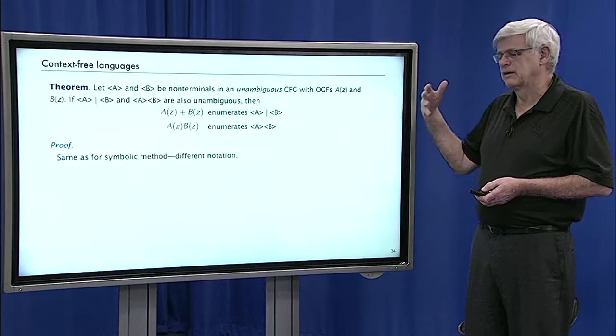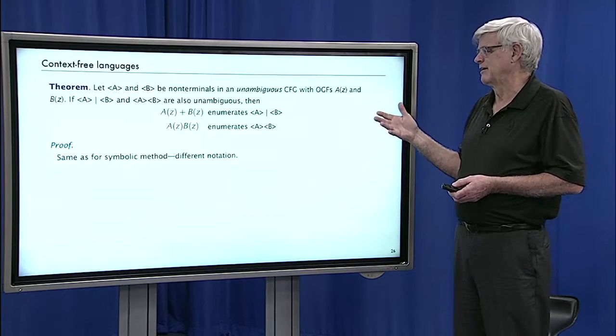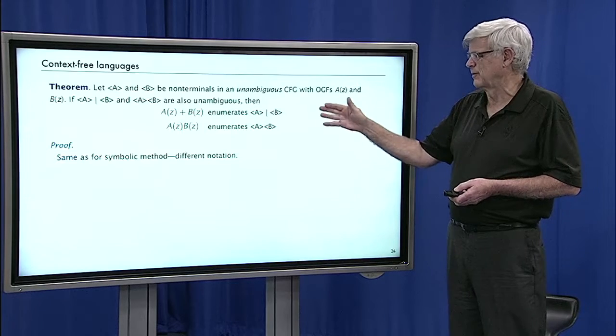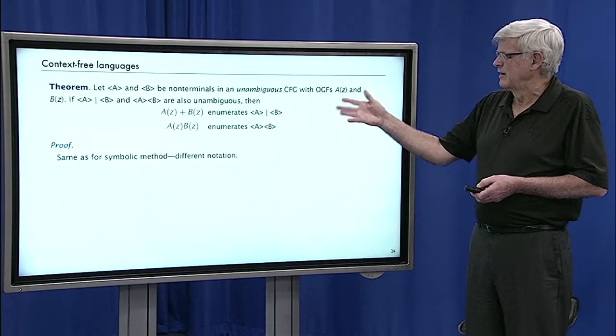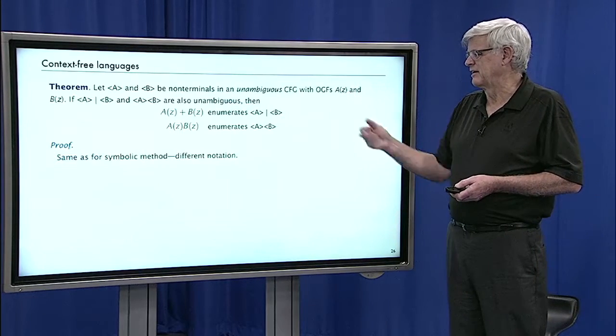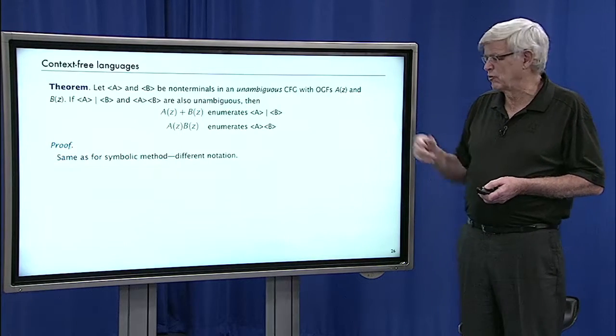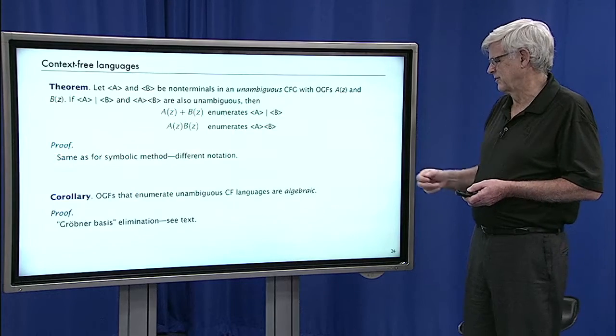Similarly, for context-free languages, where we have non-terminals and we use or and concatenation, again, the same idea works as for the symbolic method. The key is to make sure that it's unambiguous.